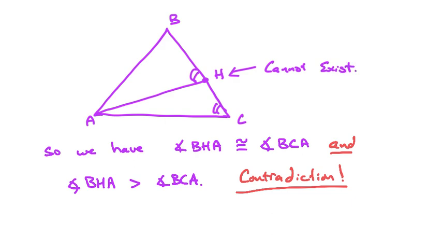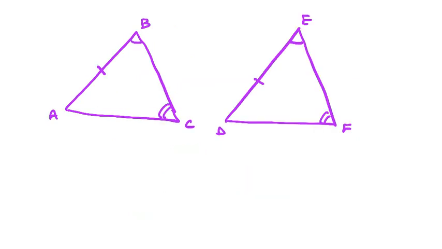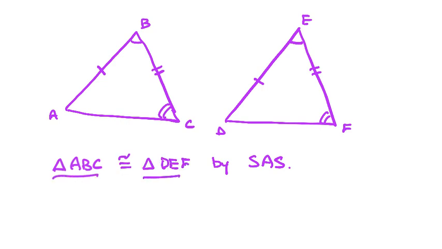And so what we have is that our line segment BC has to be congruent to our line segment EF. And so, making our segments BC congruent to EF, triangle ABC has to be congruent to our triangle DEF by our side angle side congruence property, as was to be demonstrated.